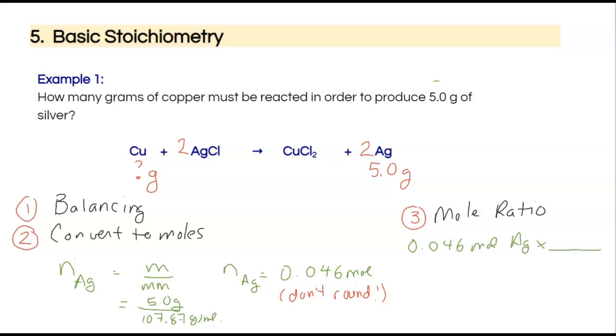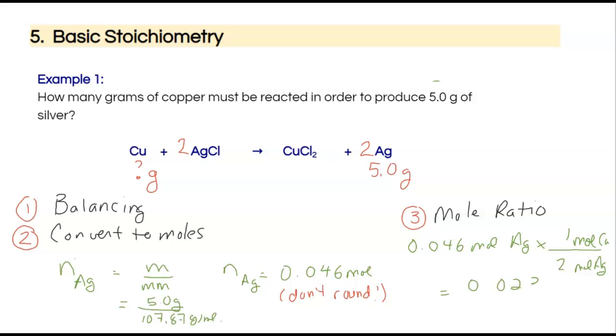I want moles of copper. So I need to get rid of my moles of silver, and I want to keep moles of copper. So I know that I have 1 copper used for every 2 silver that are created. And so working that out, hopefully you have your unrounded value in the calculator.